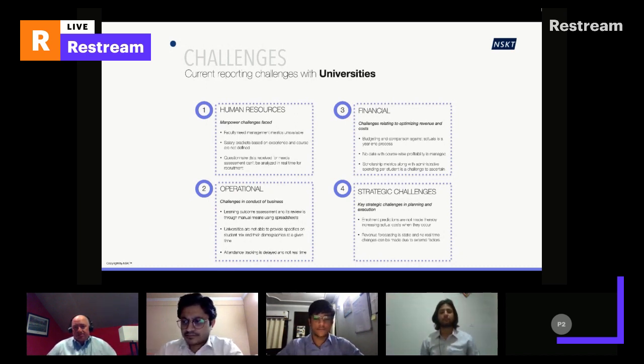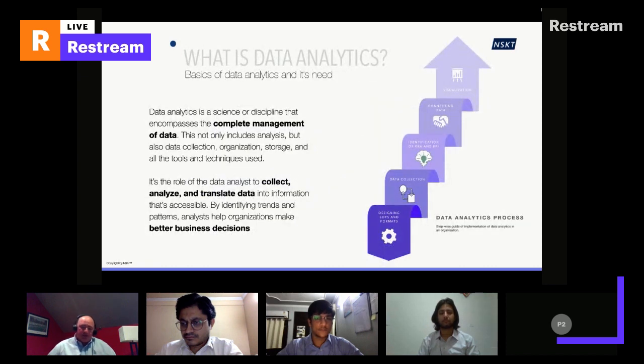These decisions are critical for every university, no matter what the size is. It's very important to make sure you have the proper data at the right time when you're making these long planning type of strategic decisions.